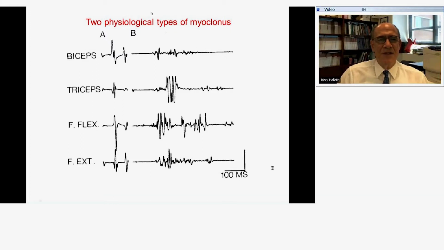So where this is easy to tell the difference by surface EMG, it might be difficult by eye. In any event, these are two different patterns that one can easily tell apart clinical neurophysiologically.